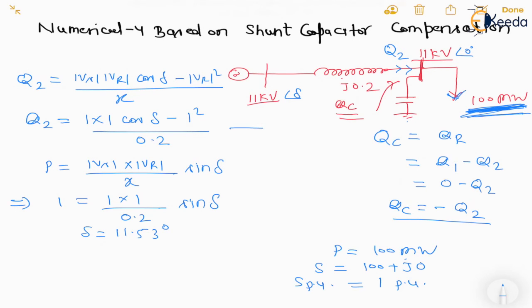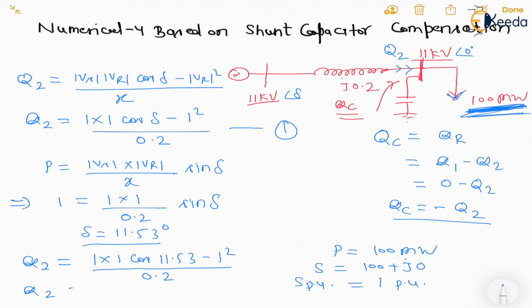Now we will replace the value of delta in the given equation number 1. So the value of Q2 can be written as 1 into cos of 11.53 minus 1 square upon 0.2. So the Q2 value is coming out to be minus 0.10089 per unit, or we can also write it as minus 0.101.